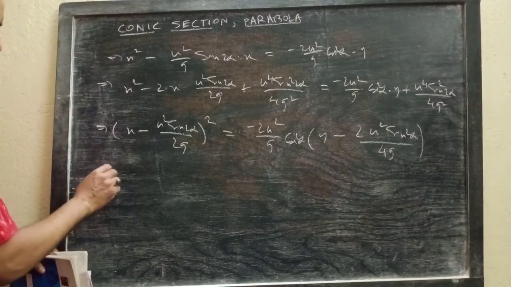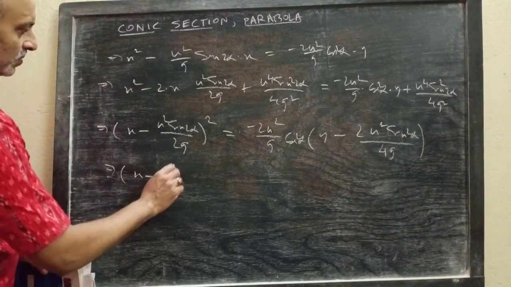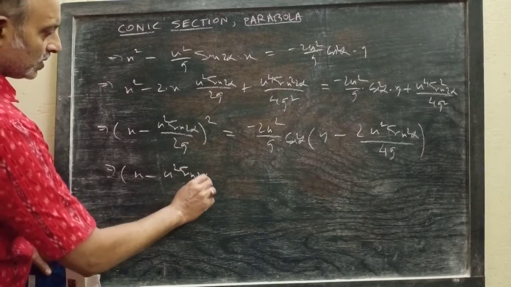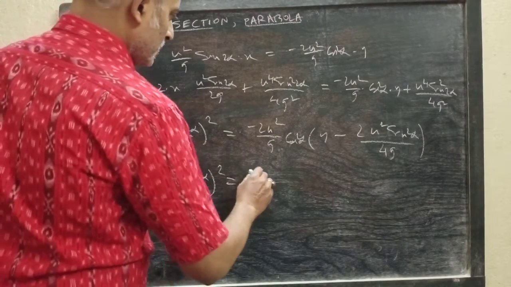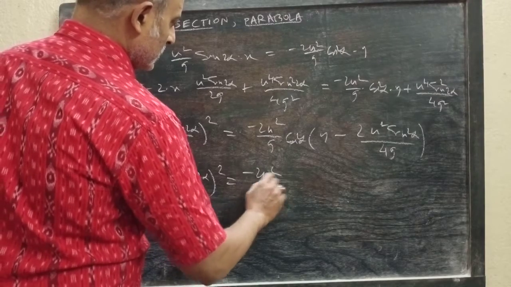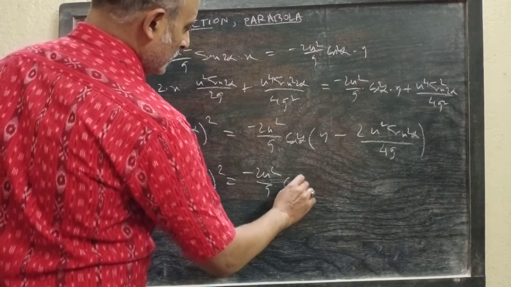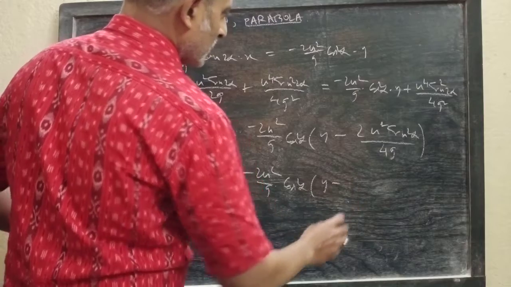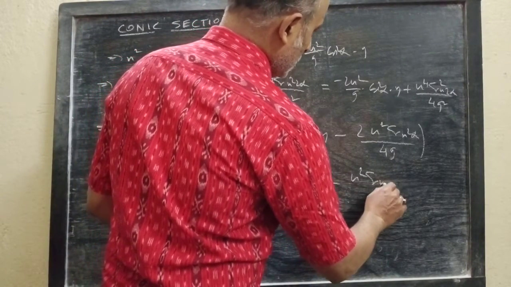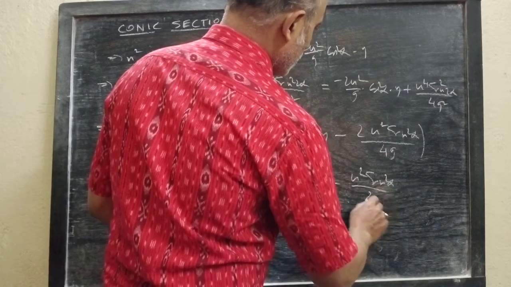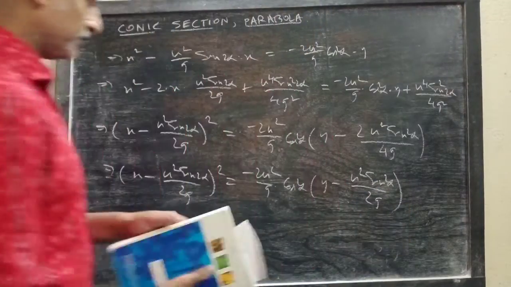We can write it as x minus u square sin 2 alpha by 2g whole square equals minus 2u square by g cos square alpha into y minus u square sin square alpha by 2g.